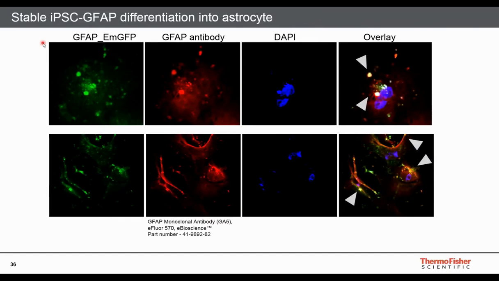And when we do our overlay on the far right-hand side, we see really nice co-localization of the EM-GFP signal and the GFAP antibody signal, showing that we're getting specific tagging and specific fusions made of the GFAP protein with our GFP donor. Again, demonstrating how we can do a knock-in at the pluripotent stem cell phase and then see the appropriate reporter signal at the differentiation point into astrocytes.